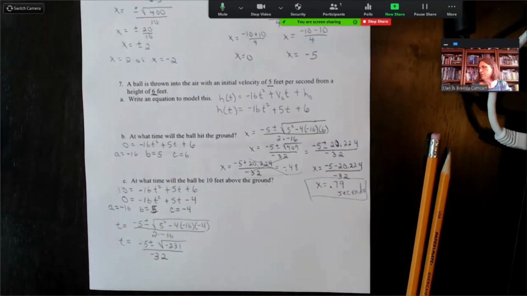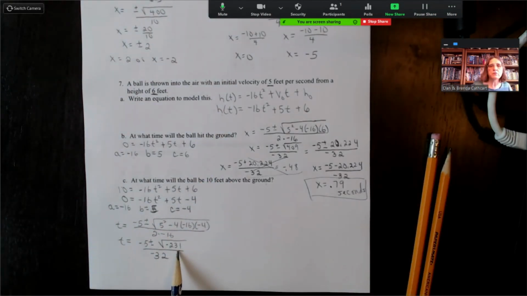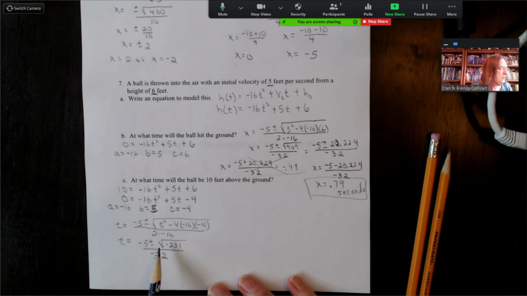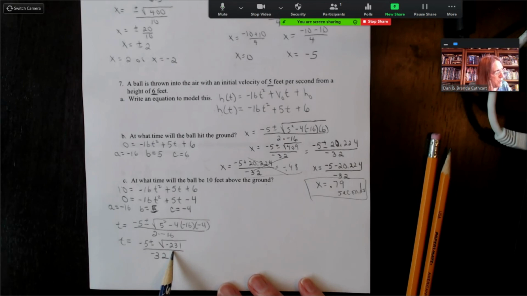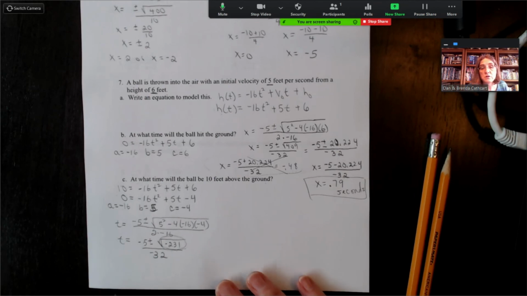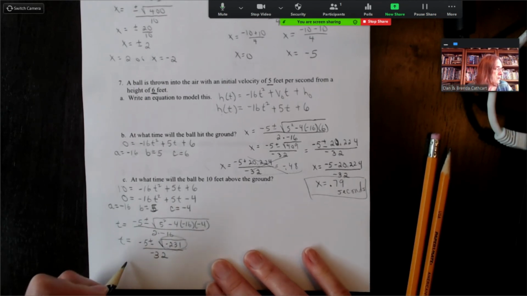So let's think about this for a minute. If I have a negative under a square root, I want to find some number multiplied by itself which is equal to a negative. But I know that any squared number has to be positive. So since we have the negative under the square root, there's no solution for this. There's no time at which this ball was 10 feet above the ground.